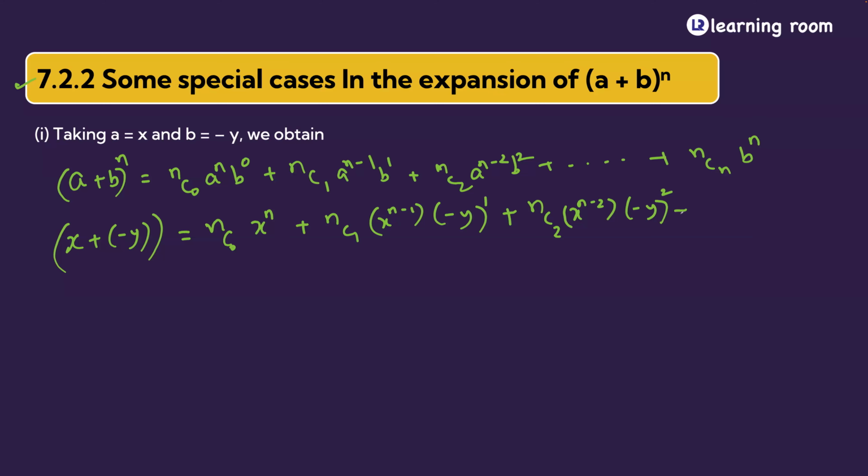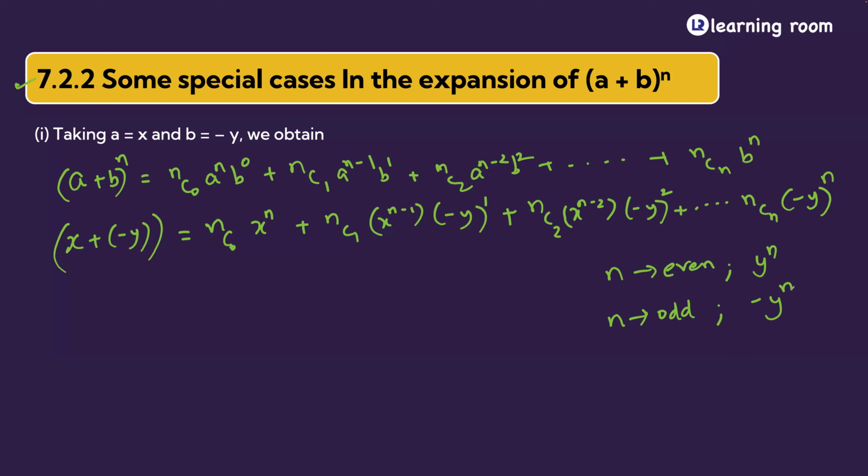So like this, if you keep on writing the pattern, it will be nCn into (minus y) to the power n. It depends on what the value of n is. If n is even, the last term will be y^n. If n is odd, then the last term will be minus y^n.